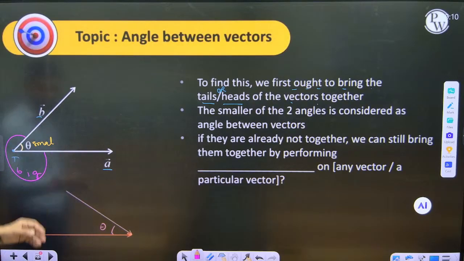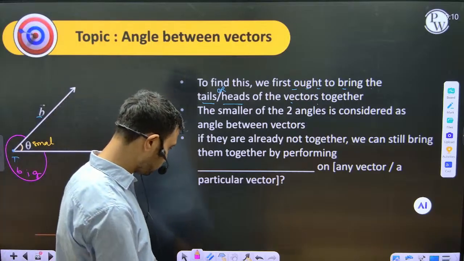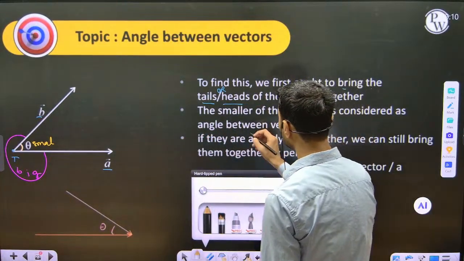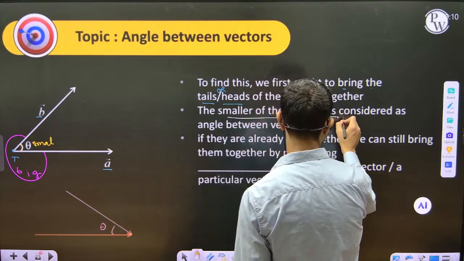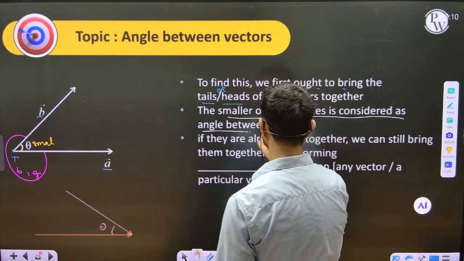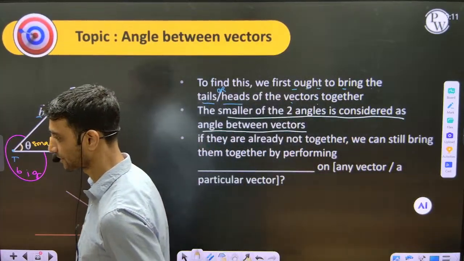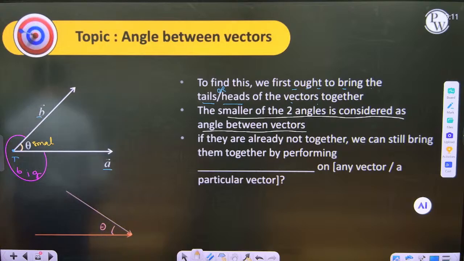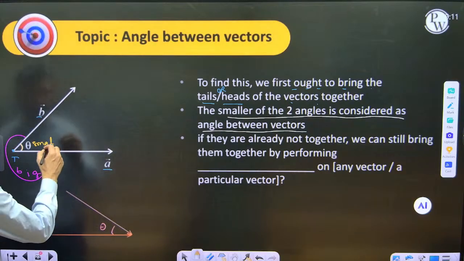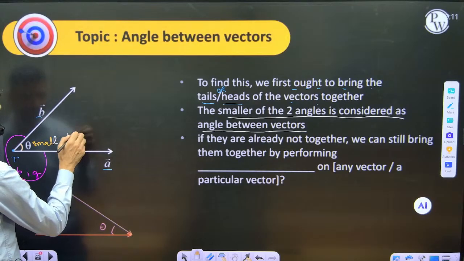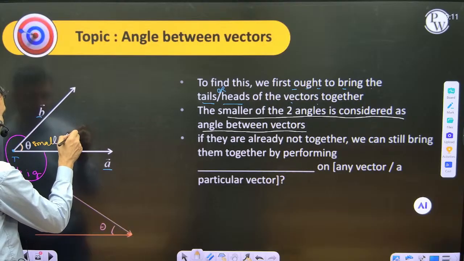So which angle is the angle between vectors? The smaller of the two angles is considered as the angle between the vectors, right? The smaller angle is the angle between the vectors, not the big one. So this is the angle between the vectors.